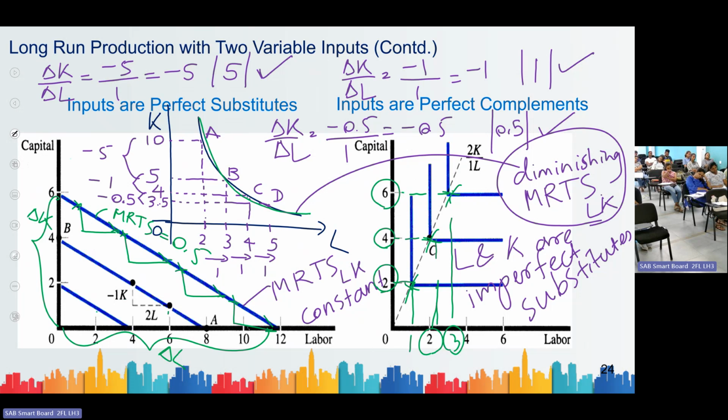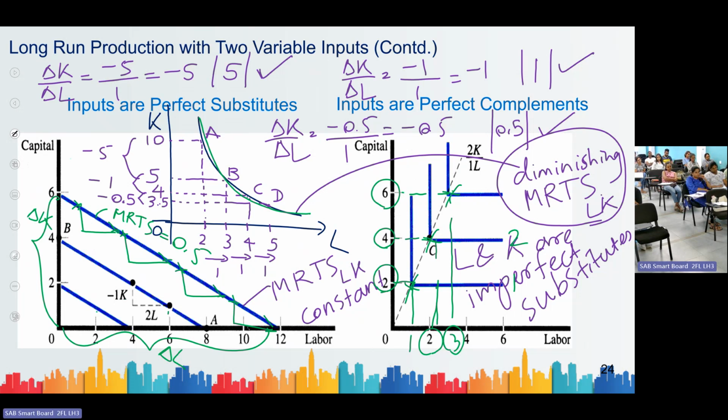Likewise, to produce a single unit of output, both inputs are required, and to increase the output, the same ratio between input 1 and input 2 should be maintained. Here to produce 1 unit of output, what is the ratio between chemical 1 and chemical 2? 2 to 1. To produce 2 units of tablets, how much of chemical 1 should be required? 4. Chemical 2, 2.